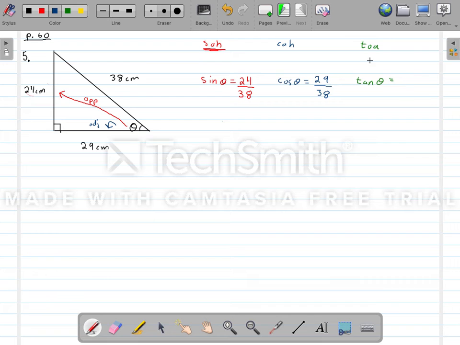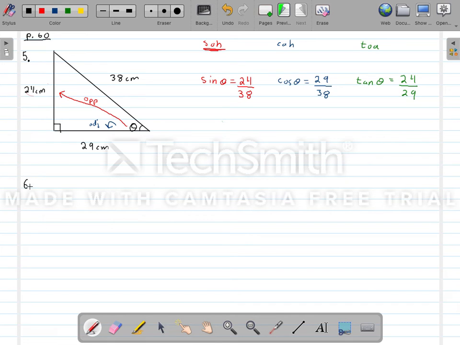And our tan is going to be opposite over adjacent, which is 24 over 29. Well done. Let's do one more.